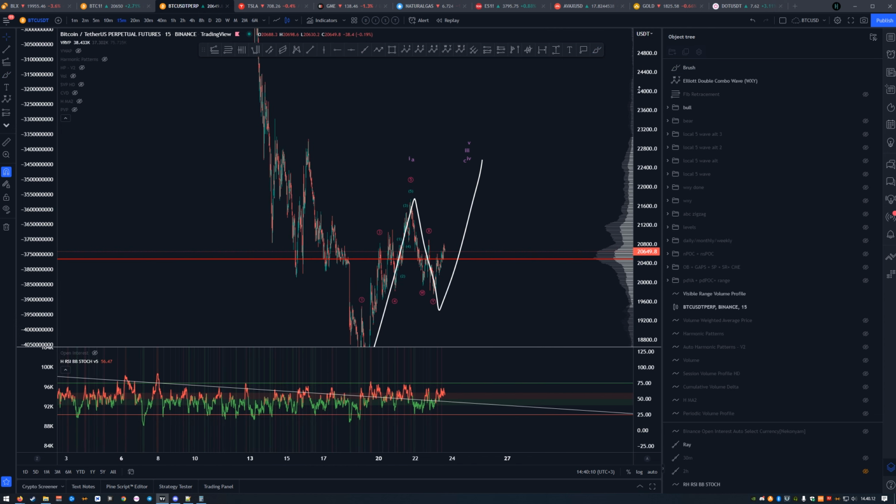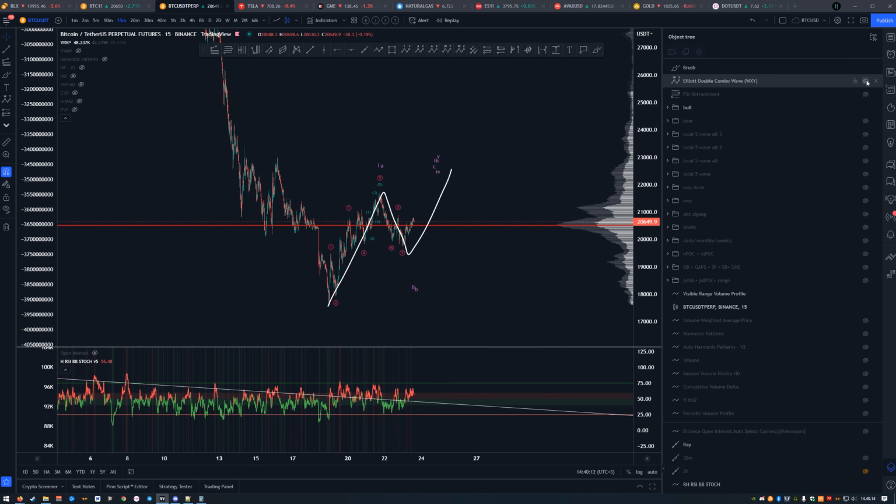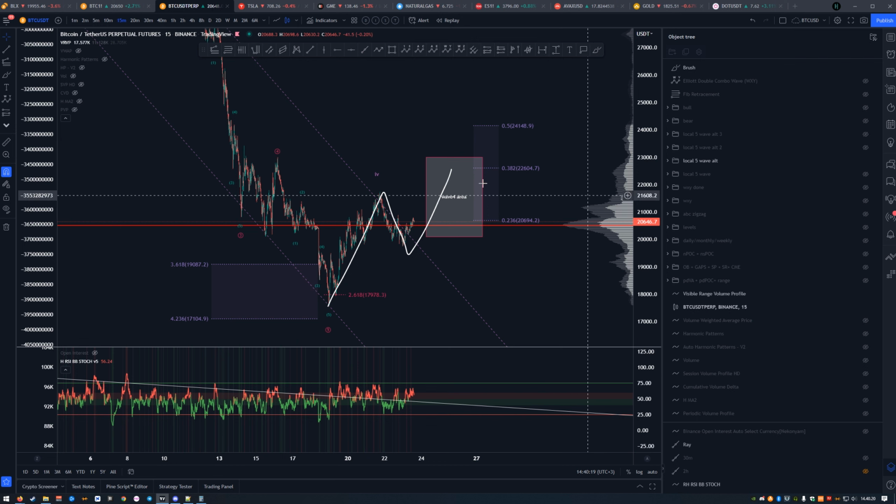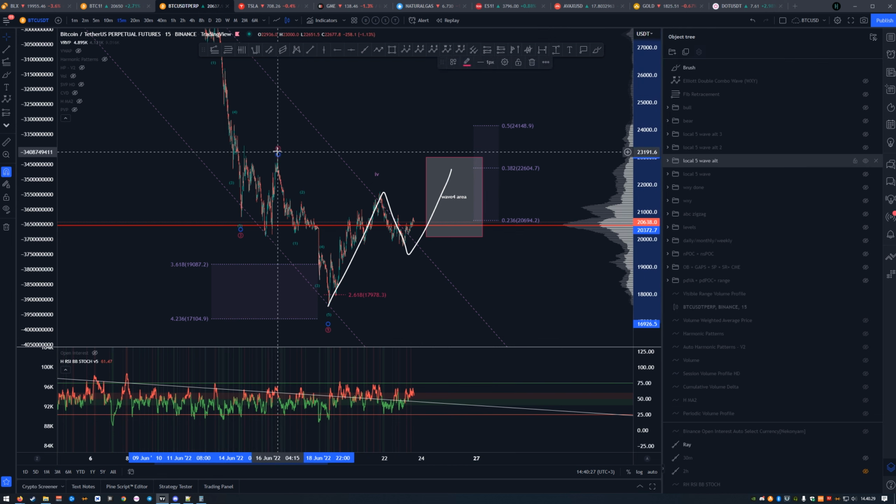Now there is a case again on the counts that I showed you here, in which we could continue higher. The 38.2 is right around 22.6k ish, right around where this wave 4 ends, the previous wave 4.